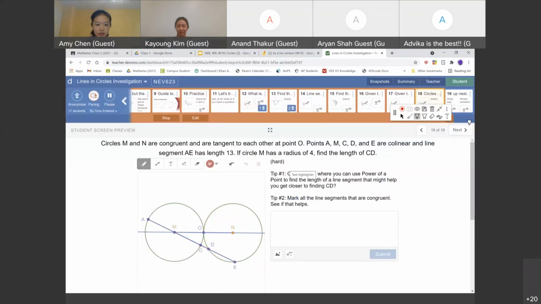Okay. So we know MC is 4, and MO is 4, and the diameter of the circle would be 8 because it's 4 plus 4. This area over here is 5, and this part down here is 5 minus CD.